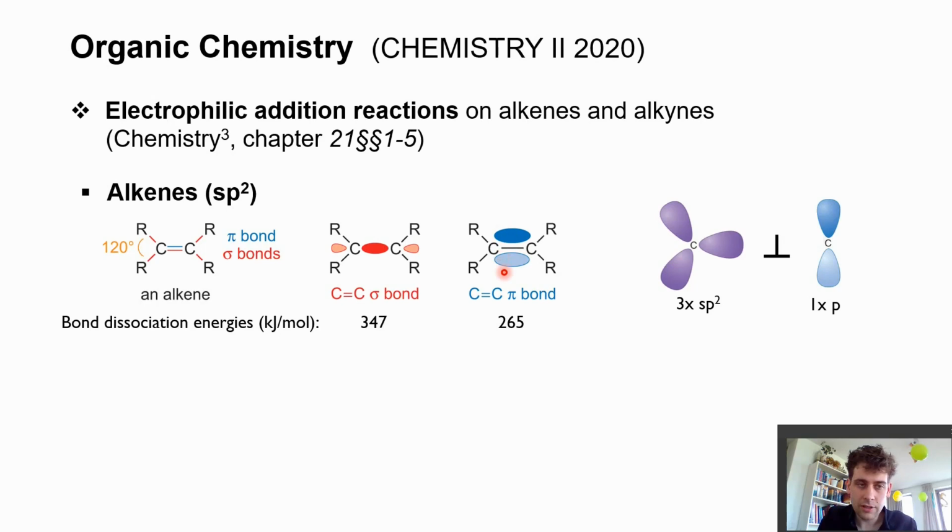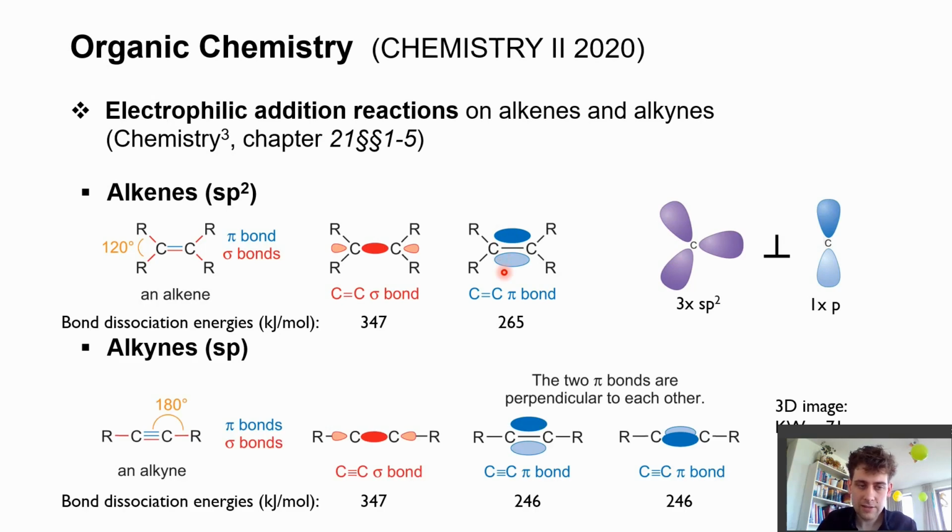And if we have a look again at the alkynes, we see that they are made up of sp hybridized carbon atoms, and they have, as you remember, these sp hybridized orbitals. They have a bond angle of 180 degrees.